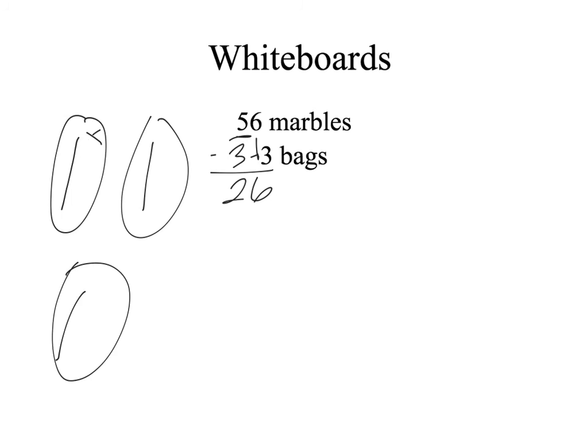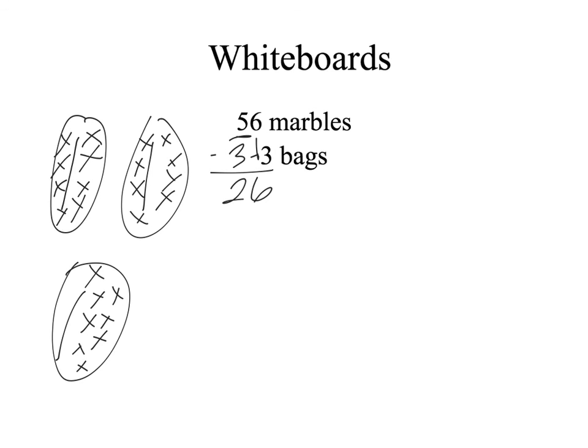So I'm just going to count. 1, 2, 3, 4, 5, 6, 7, 8, 9, 10, 11, 12, 13, 14, 15, 16, 17, 18, 19, 20, 21, 22, 23, 24.